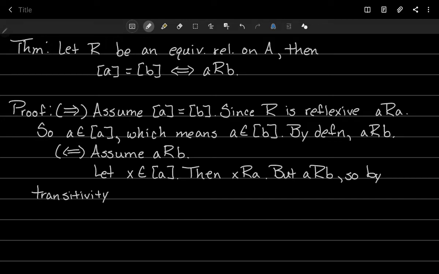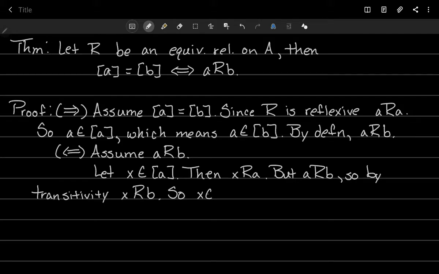Well, what does transitive say? If I have X related to A related to B, I can collapse down that middle and get X related to B. So by transitivity, X is related to B. But that is what it means to be in the equivalence class. That's how we define the equivalence class.